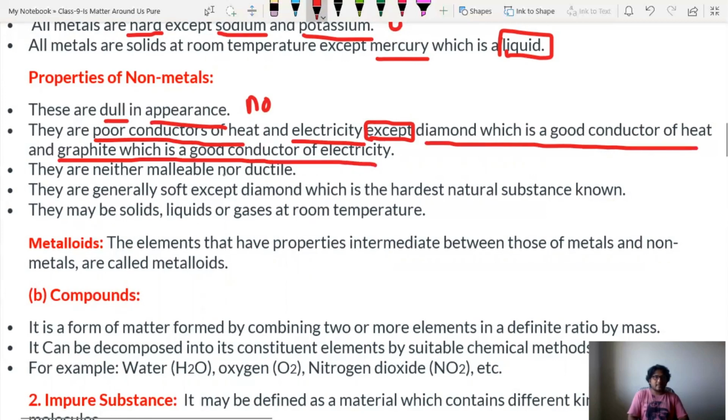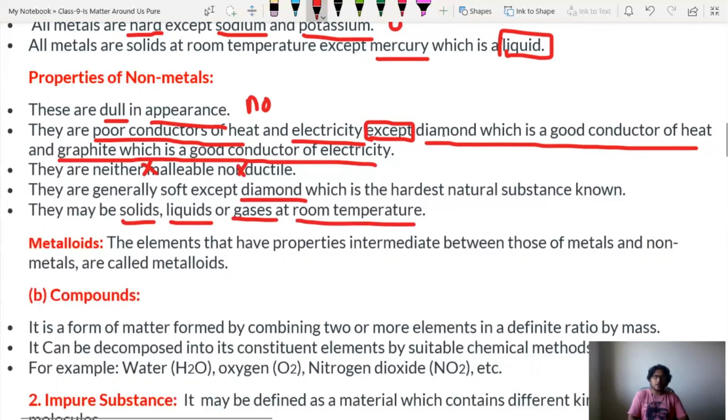Non-metals are neither malleable nor ductile. We cannot make them into sheets, we cannot make them into wires because they are soft. Generally, non-metals are soft except diamond, which is the hardest natural substance ever known. And non-metals can be in the form of solids, liquids and gases at room temperature.